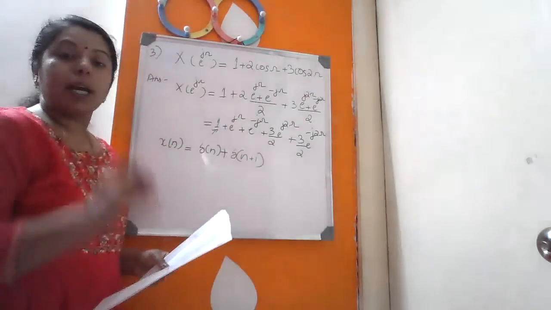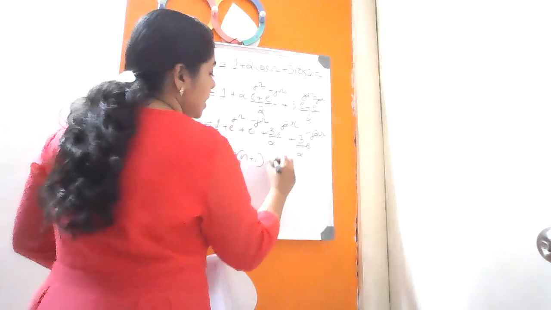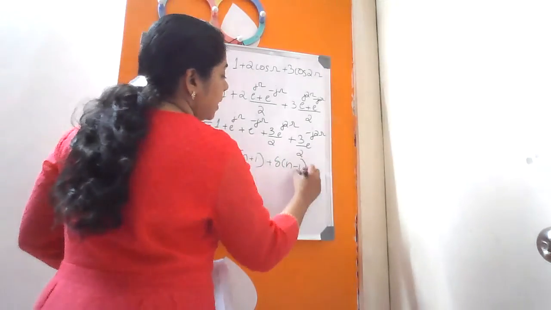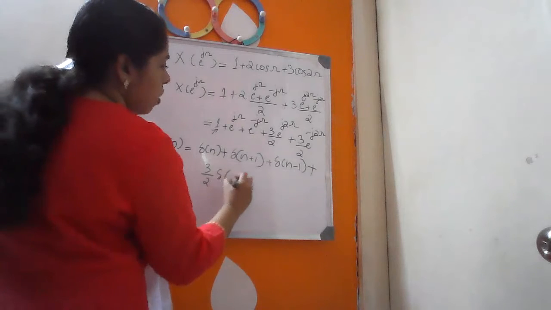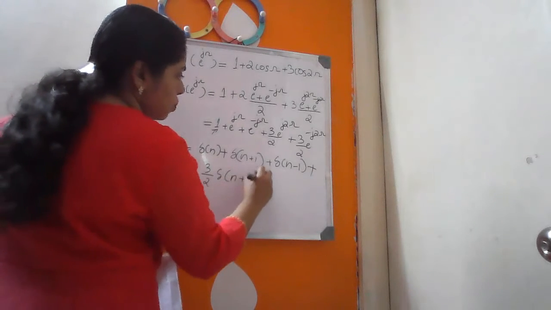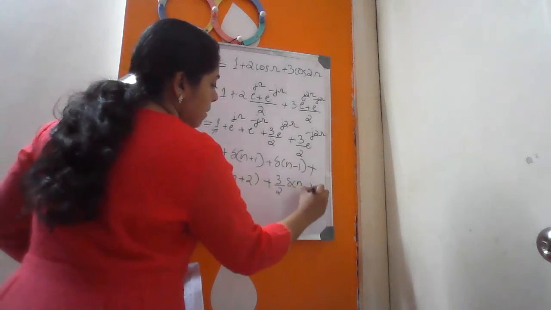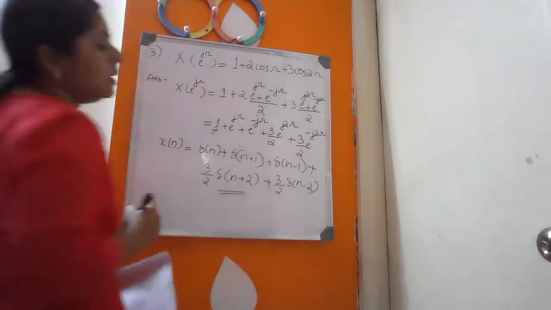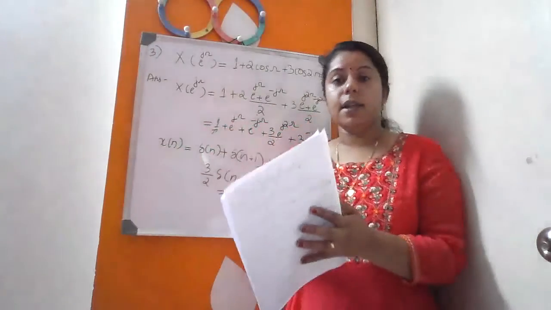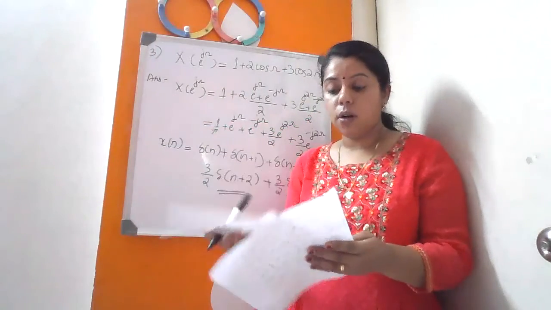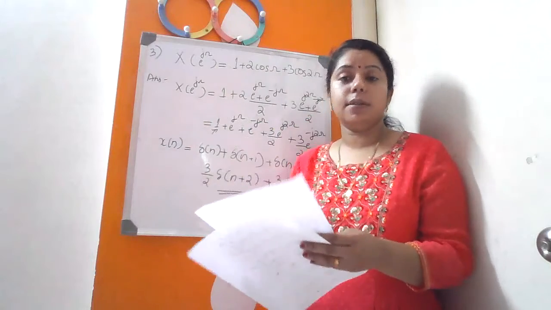Then I have minus j omega, that is del of n minus 1, plus 3 by 2 del of n plus 2, plus 3 by 2 del of n minus 2. So directly I can write my time domain signal like this rather than going through all those steps, if you get your equation in this format.